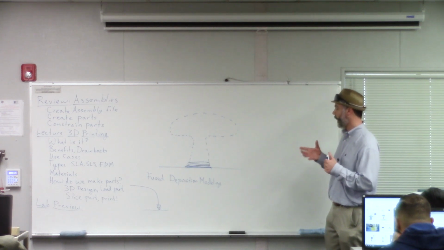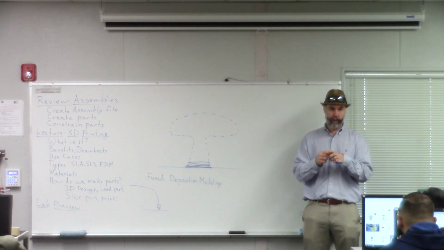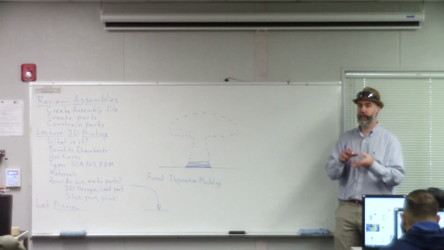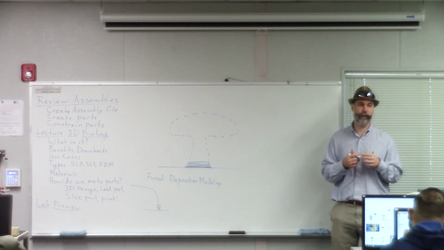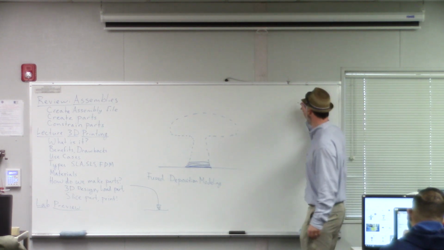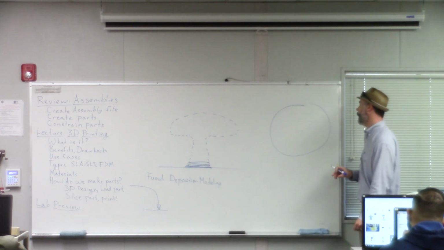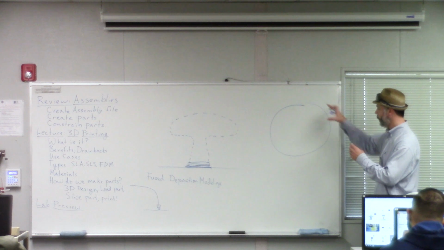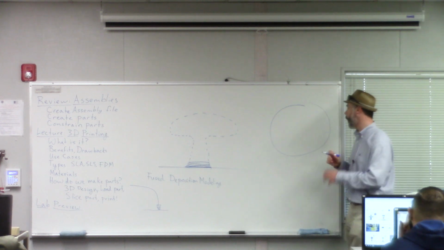The slicing program will look at your part, and then it will try to make it into a shell and a hollow inner part. Now the inside will be mostly hollow, but it won't be entirely hollow, because if it were entirely hollow, it might not be strong enough for your needs. So for instance, if you drew a cylinder and we're looking down on it from the top, the 3D printer might say, okay, we know that you've got a cylinder there, but we don't think you really need an entire cylindrical block of plastic.